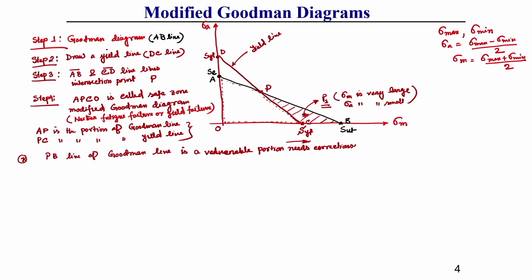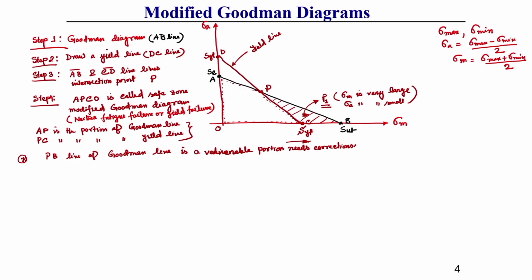Now, for design purpose, what do we need to do? Once we go for designing or solving a problem based on this modified Goodman diagram, first and foremost we need to draw a load line. How does this load line look?